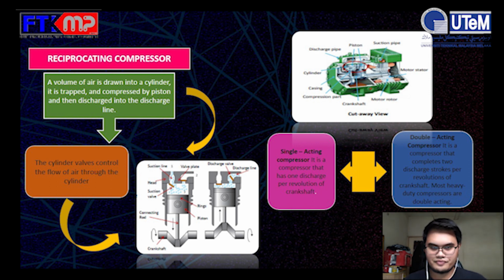There are three types of reciprocating compressor: single acting, double acting, and multi-stage. The single acting acts as one cylinder, the double acting works as two cylinders, and the multi-stage works as a combination of the double acting and the single acting.